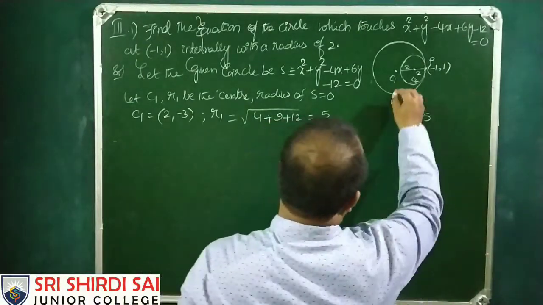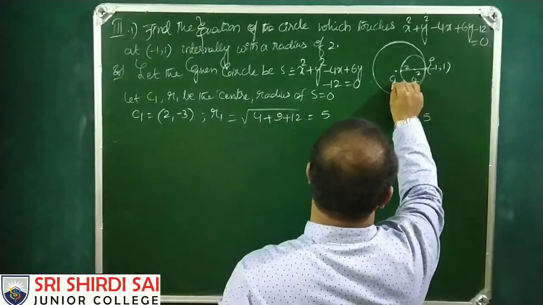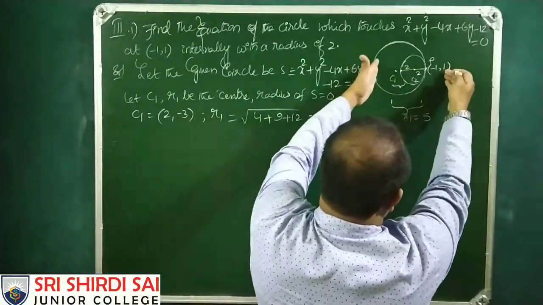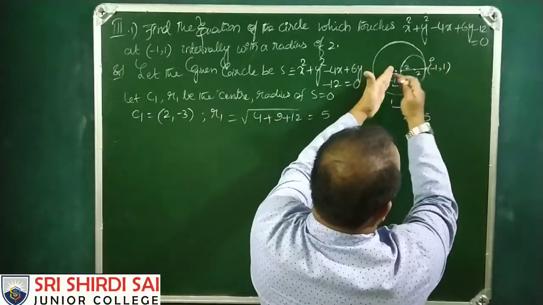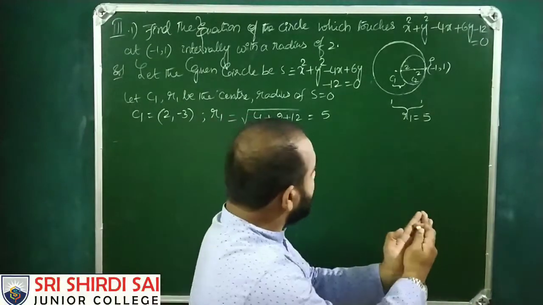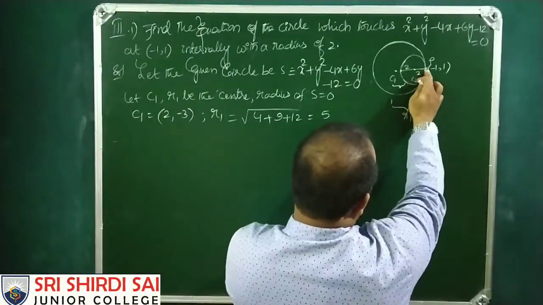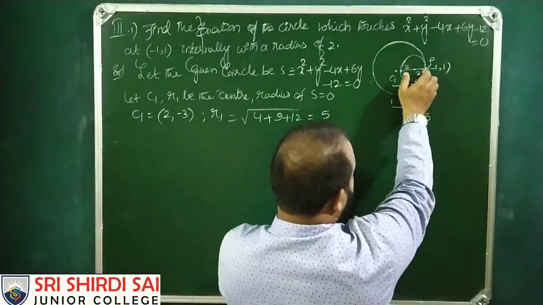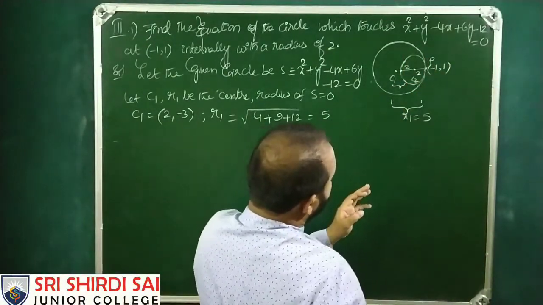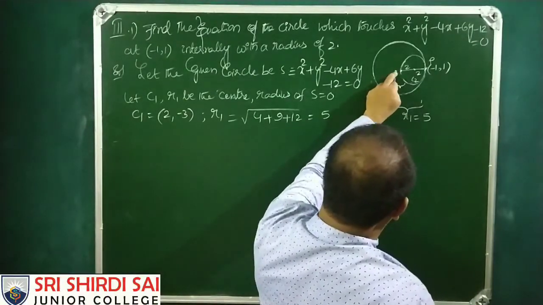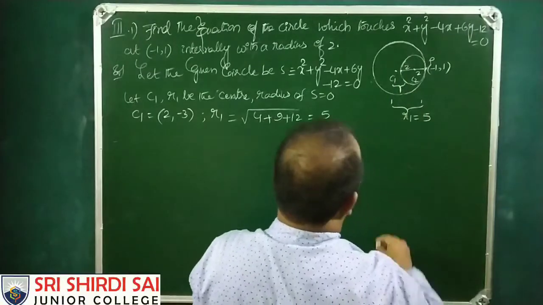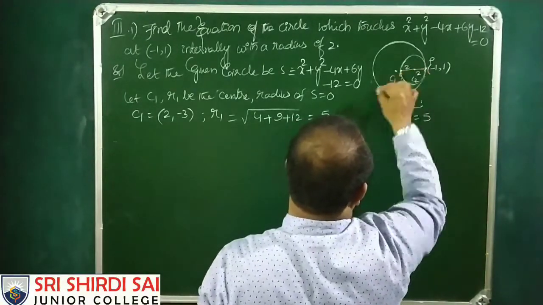Then C1P is the total radius of the big circle, and 2 is the radius of the small circle. That means 2 plus 2 is the total diameter of the small circle. If this is 4, the remaining part will be 1. Let us suppose this to be Q.